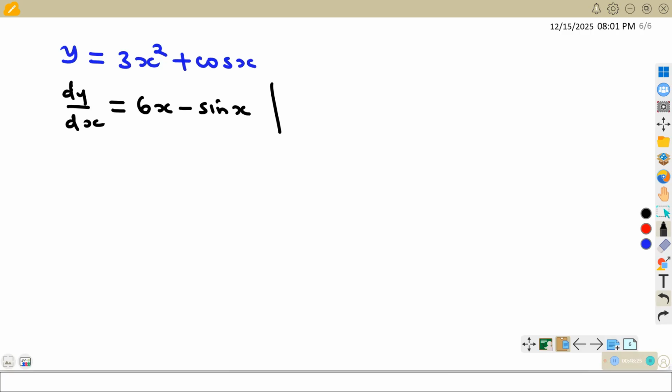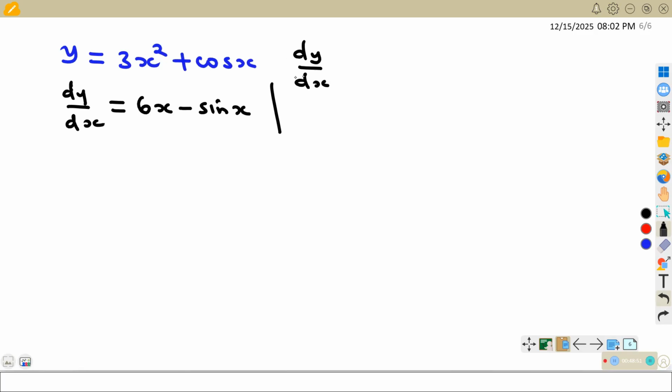So do we all agree that when you differentiate this, you get this? Okay, so if we all agree, then that one is very okay. When you are differentiating this, you differentiate on both sides.